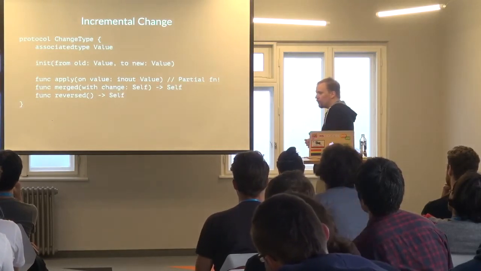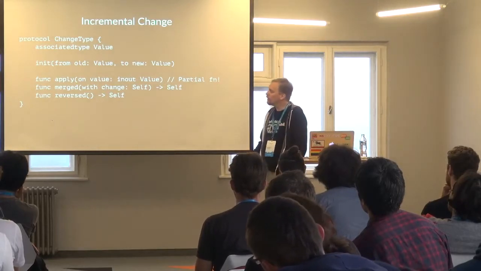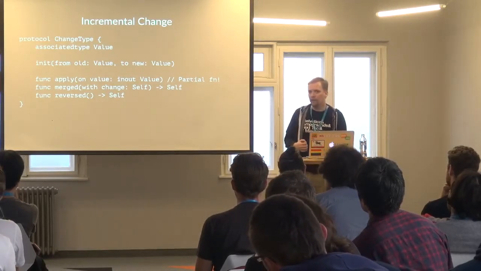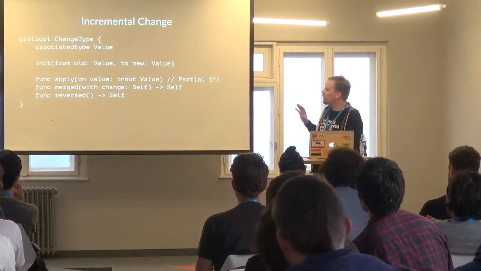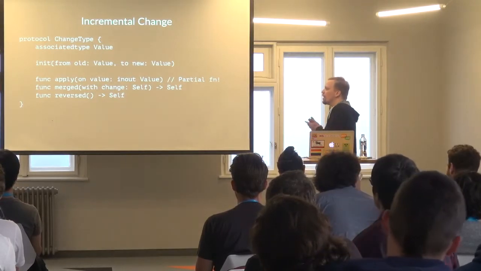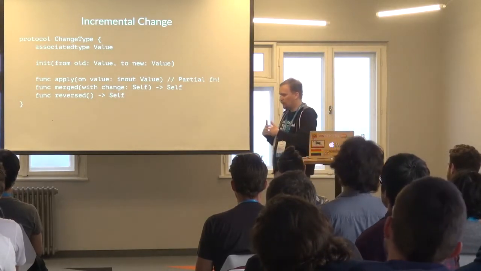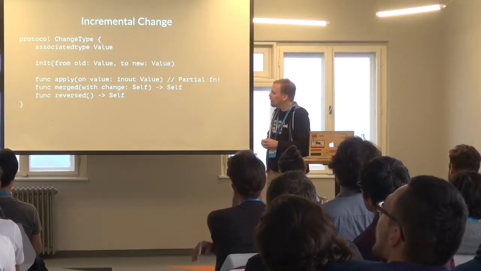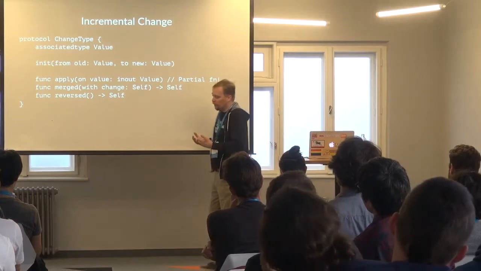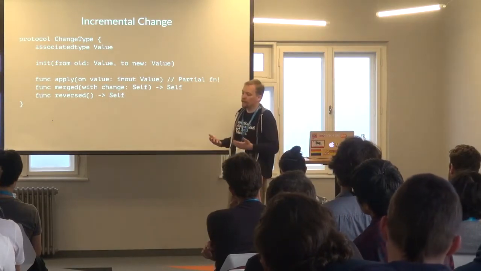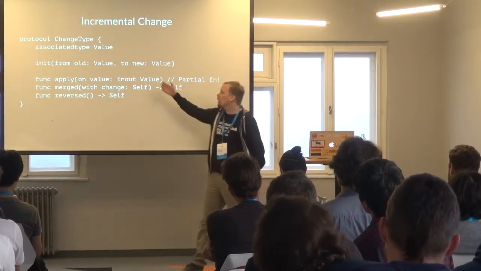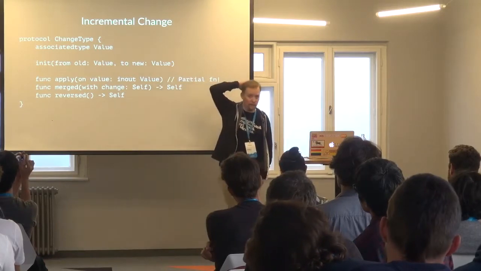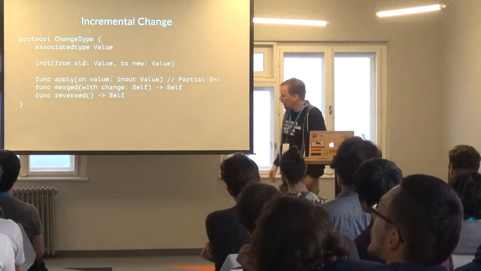Now, let's consider what is actually being communicated here. What's our incremental change? Well, on an abstract level, a change describes a difference between two particular instances of a value type. So if you want to put it as a protocol in Swift, the change type will have an associated value, which can be anything.